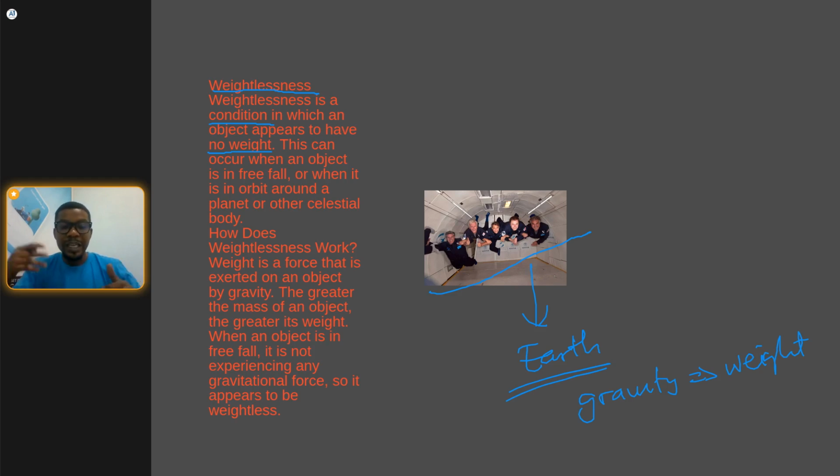We are walking. And even if you throw an object, you still have to come back to the surface of the earth. But as for these astronauts, they are on the moon, where gravity is negligible, where gravity is absent. So that is why they are floating.